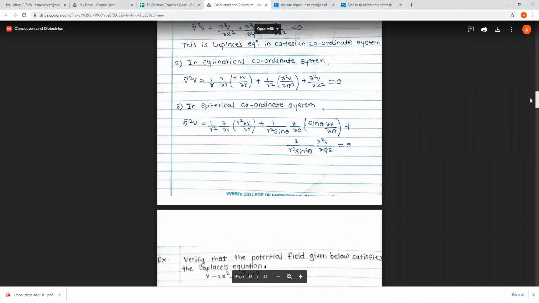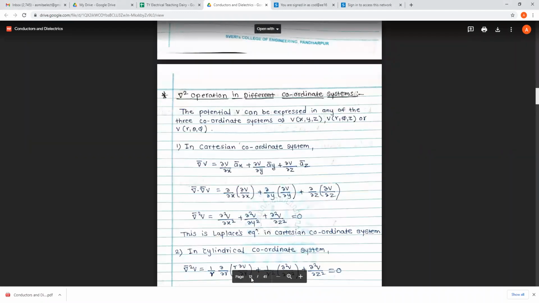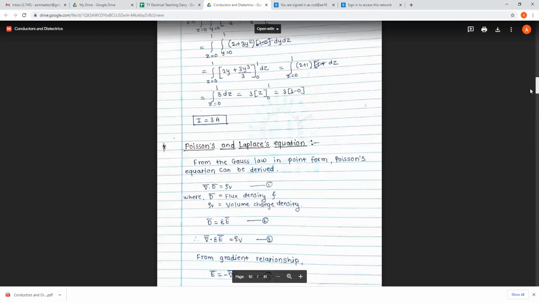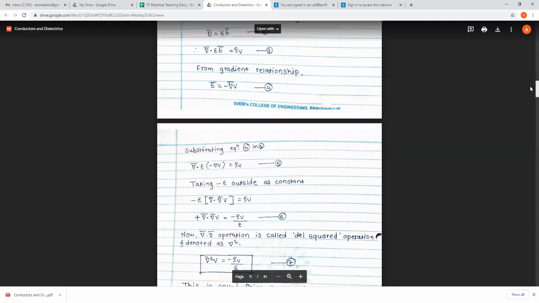They may ask examples on these equations. Frequently the theoretical question, the derivation of Poisson's and Laplace's equation, is asked mostly.